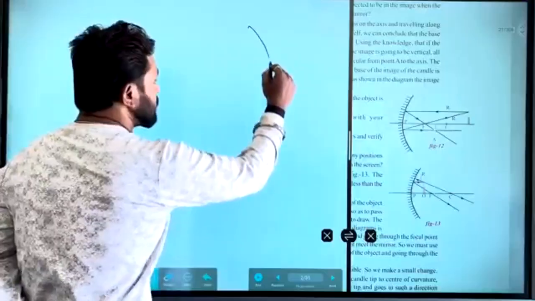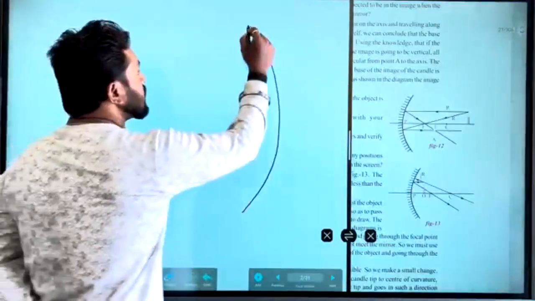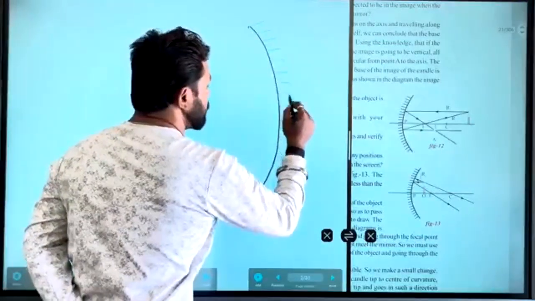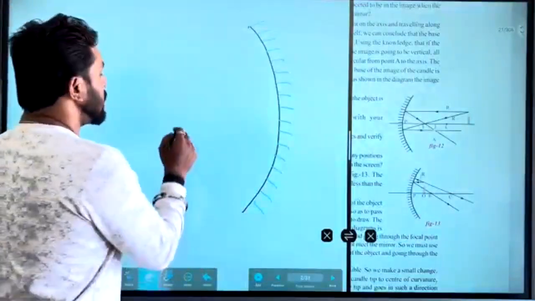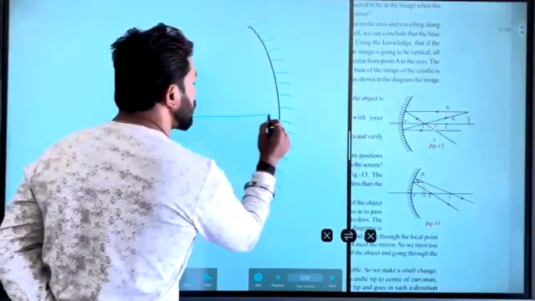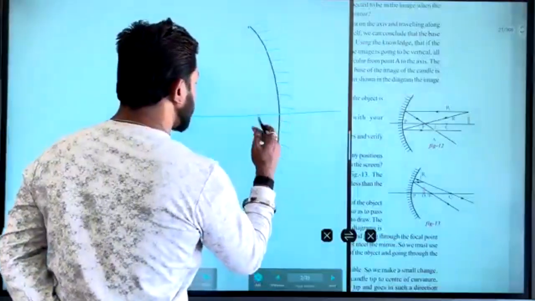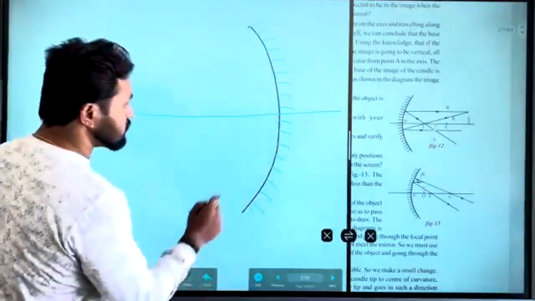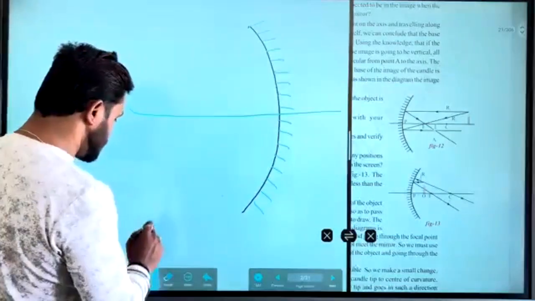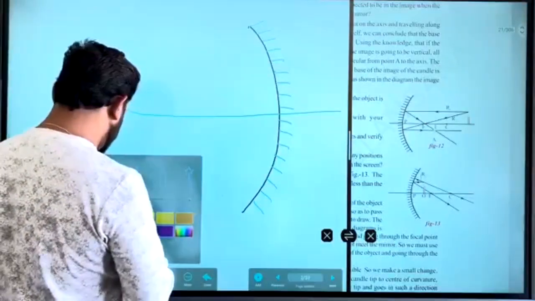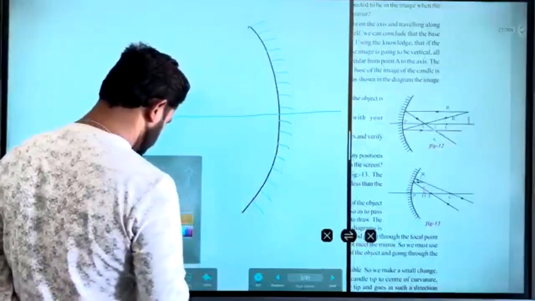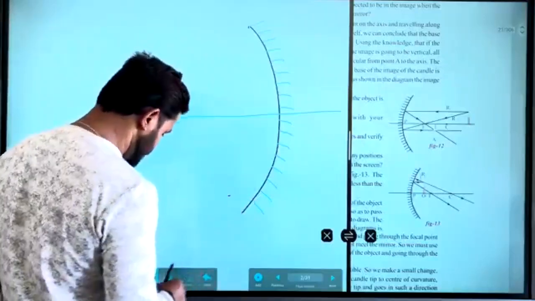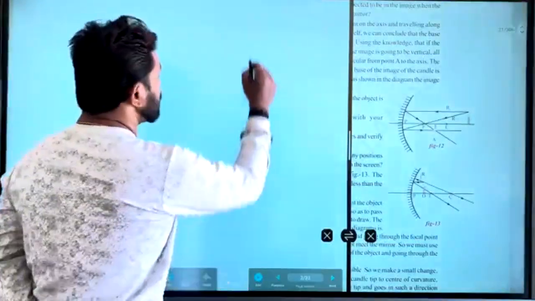So this is the concave mirror that I have, which has been polished from one end so that light will reflect. Now I have one more line which has been drawn, which is nothing but the principal axis.